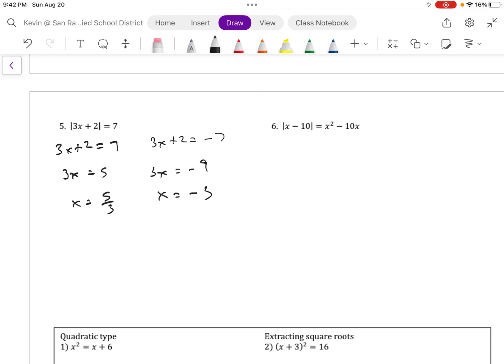X equals negative 3. Okay. So x equals the solution set, negative 3, 5/3.